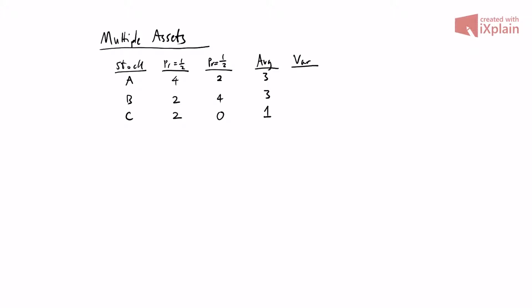So it's half times 16, that's 8, plus half times 4, that's 2, so that's 10. Minus the square of the average, which is 9, so that's a variance of 1. And this is also 1. And the variance of this is also 1.